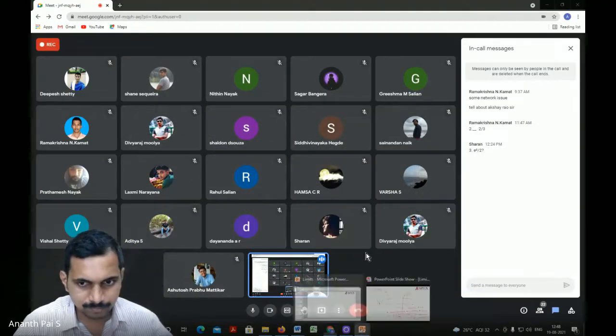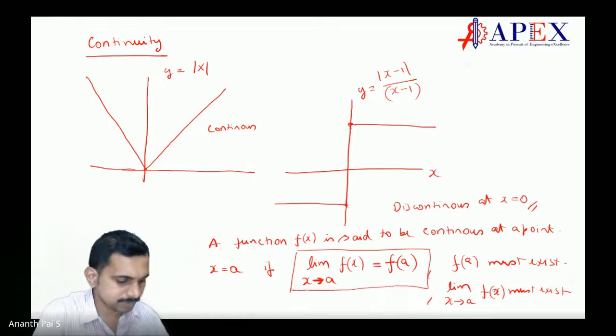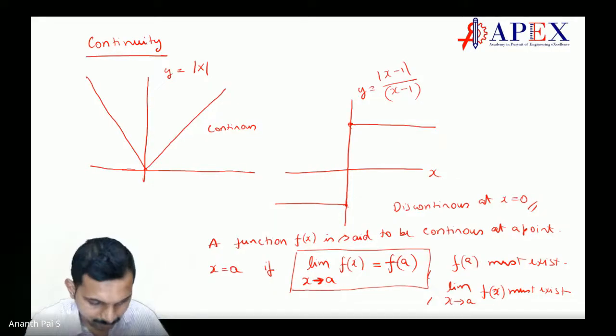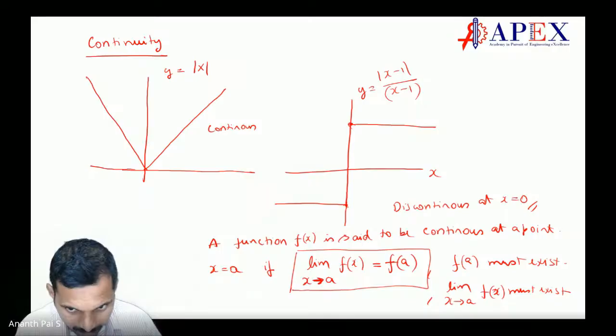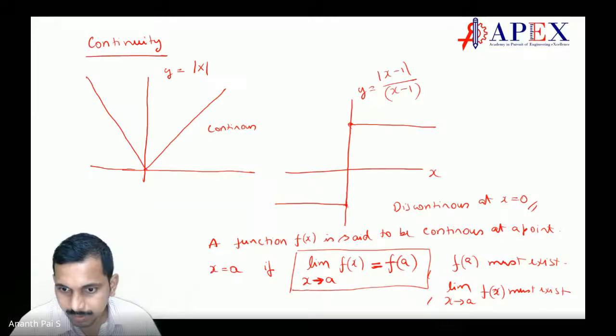I'm sorry. So the function f of x is, what is it? It's not correctly visible. The function f of x is equal to f of a. In the sentence you have written, f of a must exist. So first sentence: a function f of x is said to be.